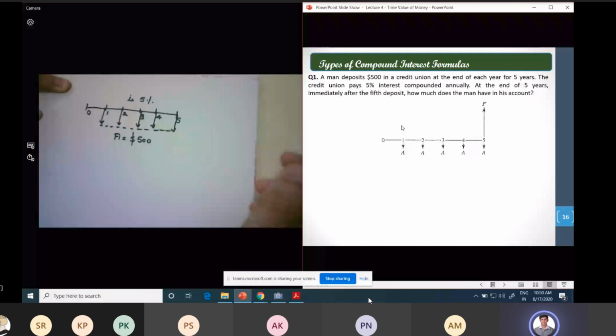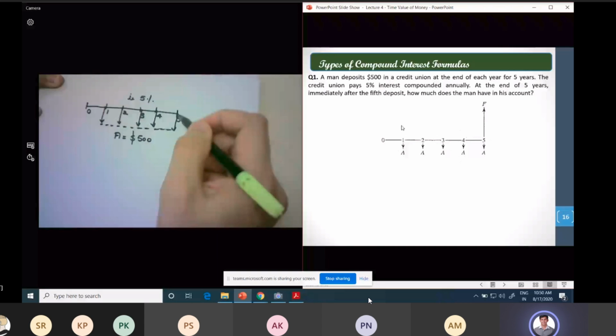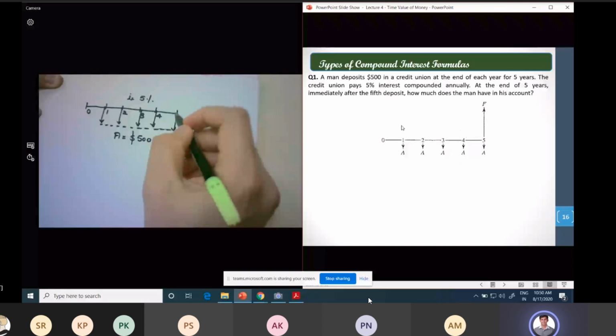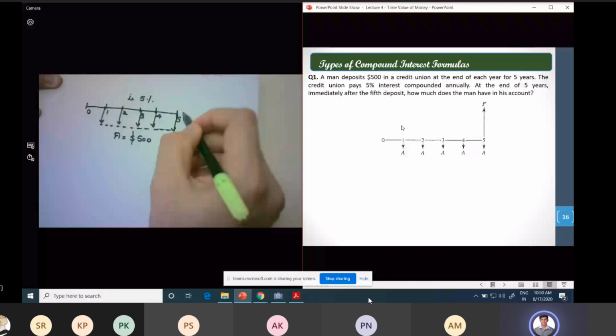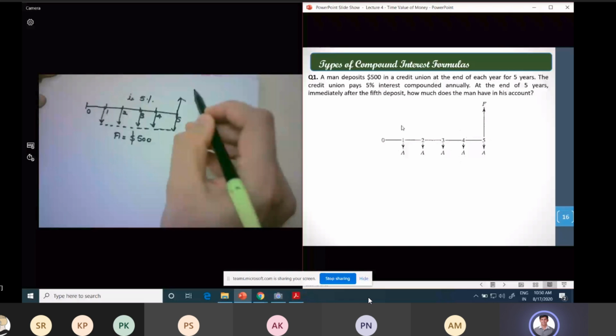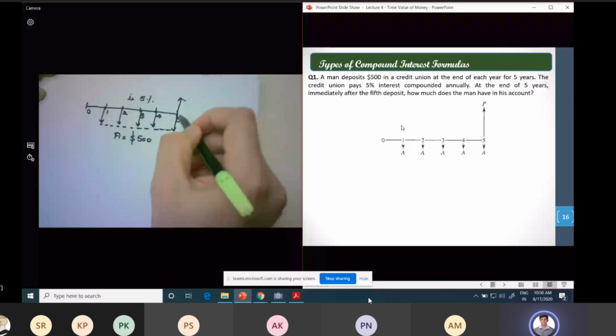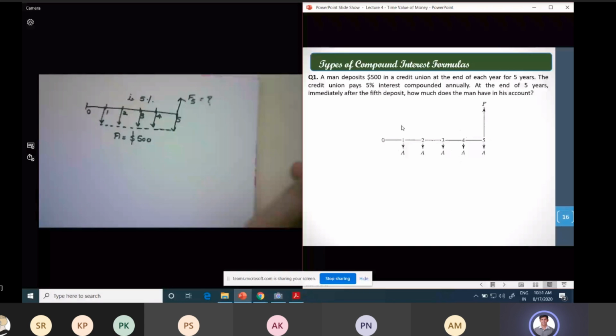And he wants to know what amount is available in his account after the last deposit. The last deposit is the 5th year, right? So here, how much amount? I will represent it with an upward arrow because I may withdraw it. That is why I have written it with an upward arrow. So it will be F5. This value we need to calculate.